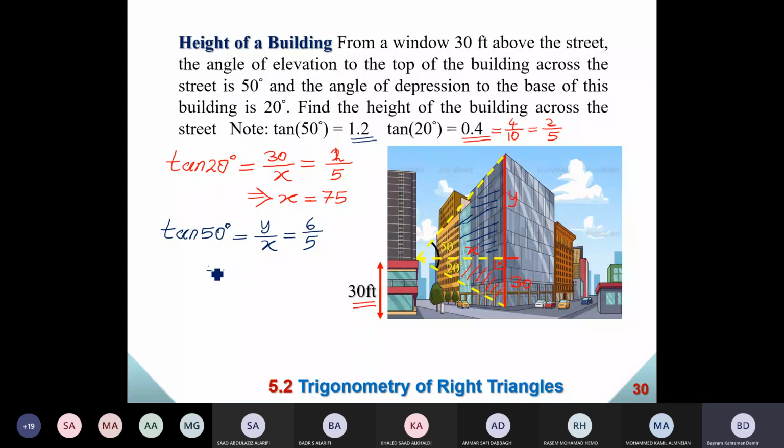So if you cross multiply, you will get 5 times y equals 6 times x, and so y is equal to 6 times x, which is 75, divided by 5, and the 75 and 5 will cancel, right? 6 times 15 is 90.